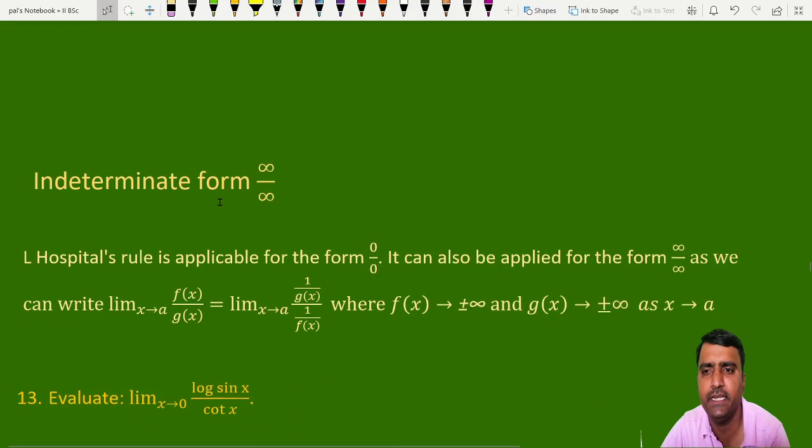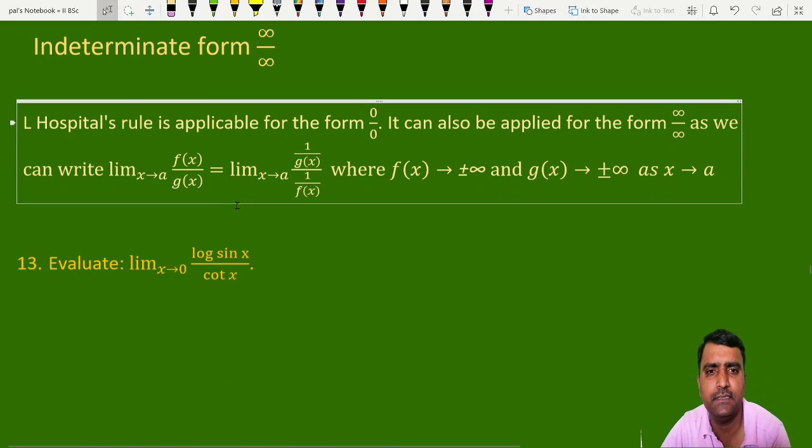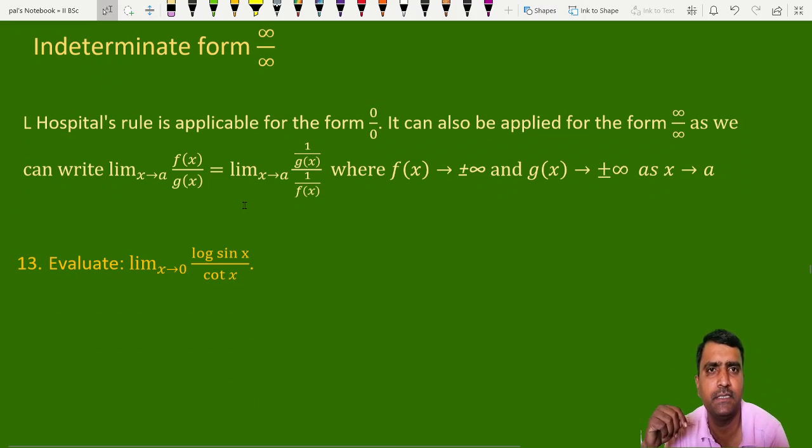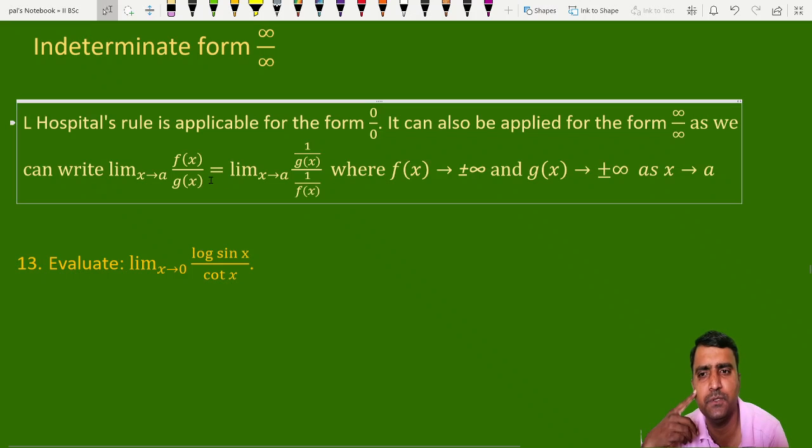The indeterminate form infinity by infinity occurs when you are applying the limit. Suppose in f of x by g of x, the limit of f of x as x tends to a is infinity, and g of a is also infinity. In that case you can write the same form as 1 by g of x divided by 1 by f of x.